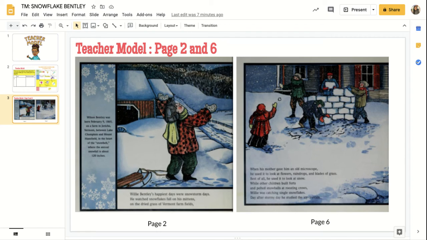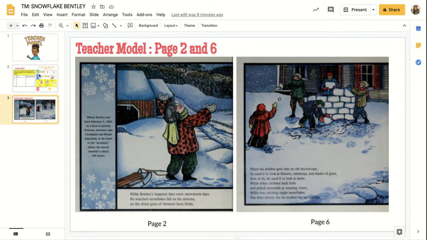Another signal word that can be used for cause and effect is when. So we know something is happening here. When Willie's mother gave him a microscope, he could study nature, especially the snow. So I'm still focusing on that event.